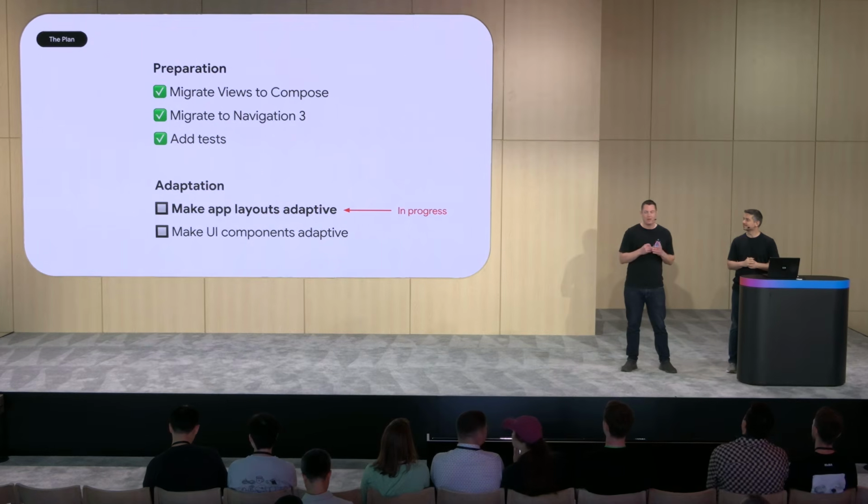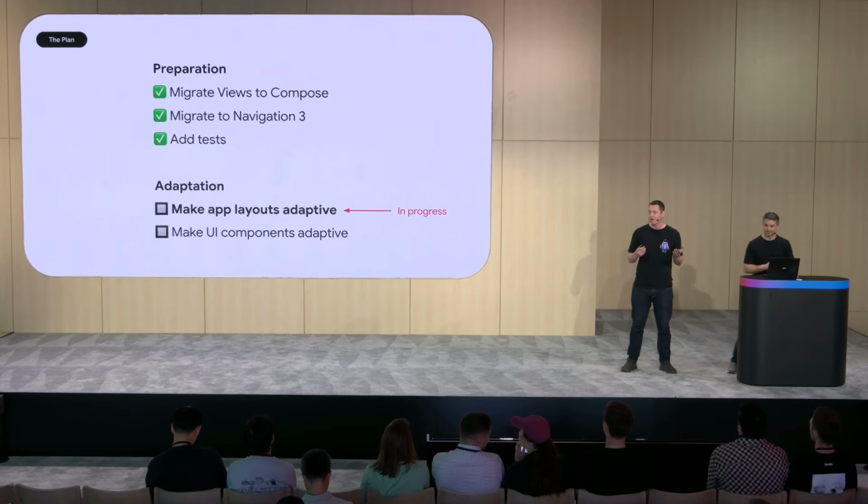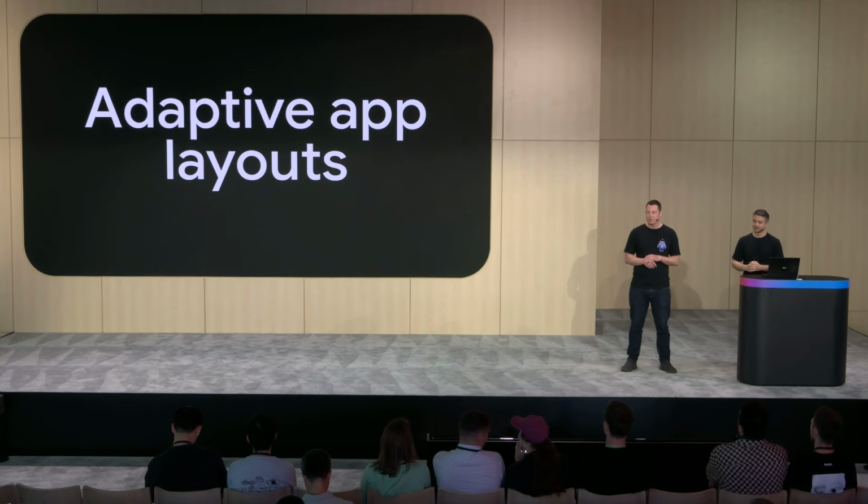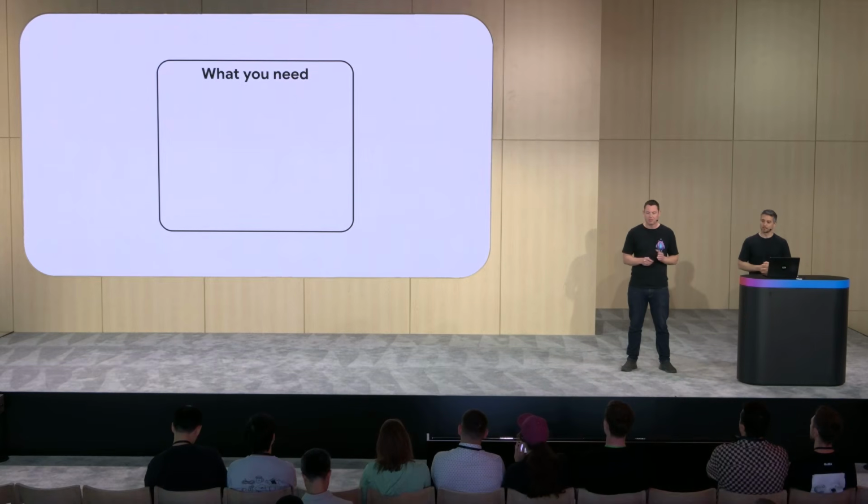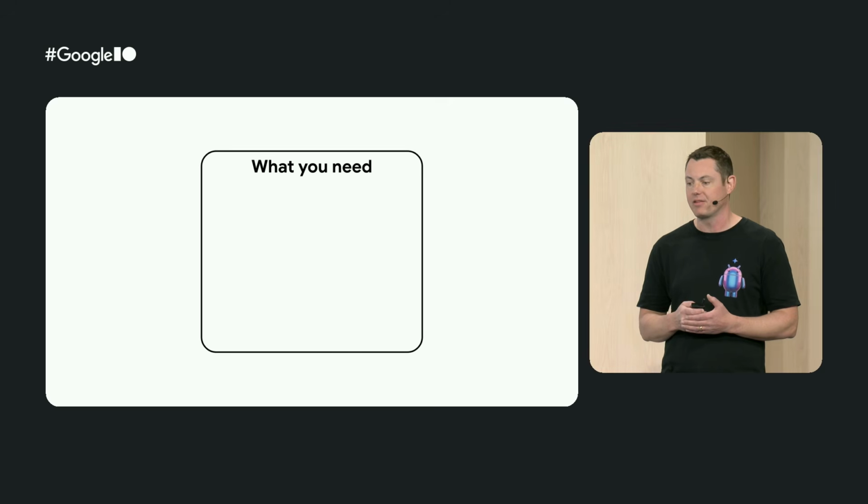OK, cool. So now we can actually get to the fun part of actually making our app adaptive, starting with adaptive layouts. So I first wanted to share how we're thinking about you, the developer. And believe it or not, we do spend a lot of time thinking about you and what you need from our APIs.